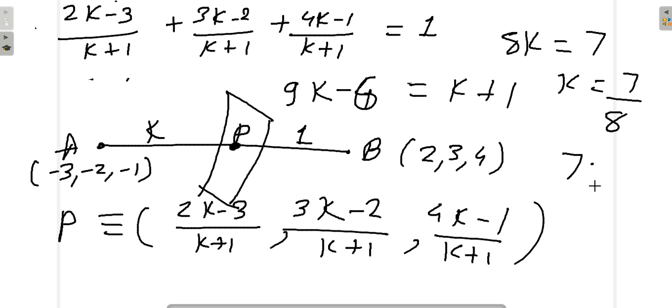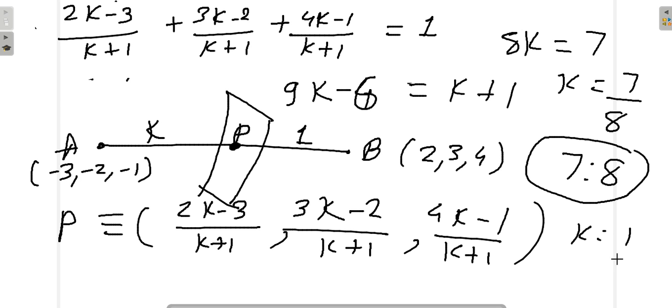So what is the ratio? k is to 1, 7 upon 8 is to 1, which is the same as 7 is to 8. So the required ratio in which P divides AB is 7 is to 8.